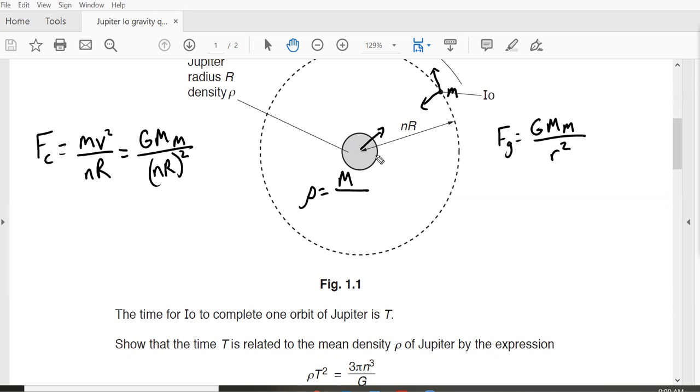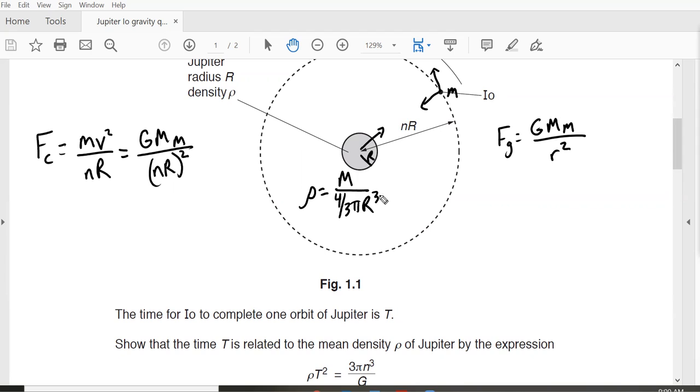Remember, they said we're assuming these are uniform spheres. Everybody out there knows that the volume of a sphere is, that's right, 4/3 pi r cubed. And here r really is the radius of Jupiter. So once again, capital R is how big the planet is. And then we say, well, how many times out do we need to go to get to Io? How many times that radius?